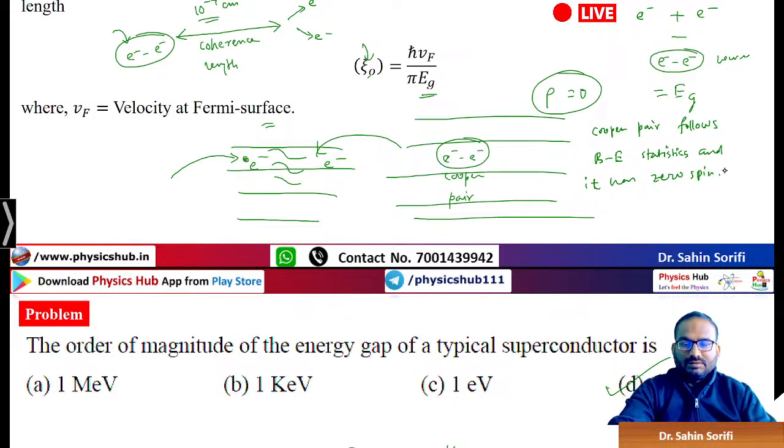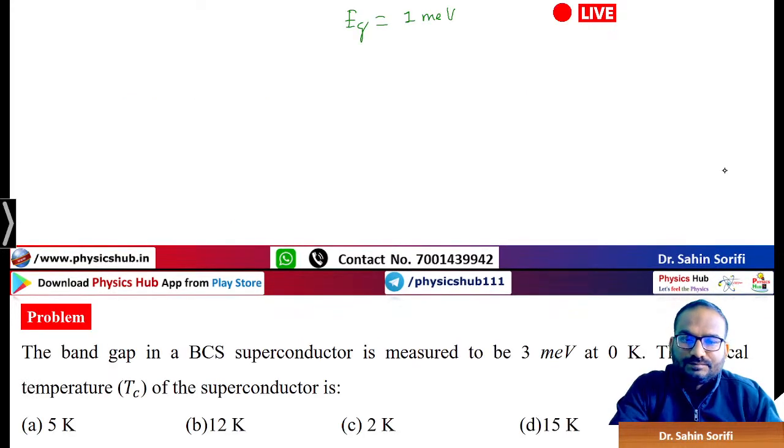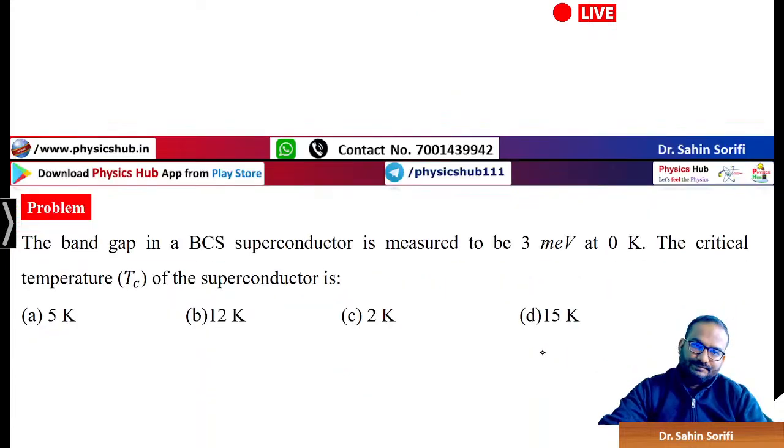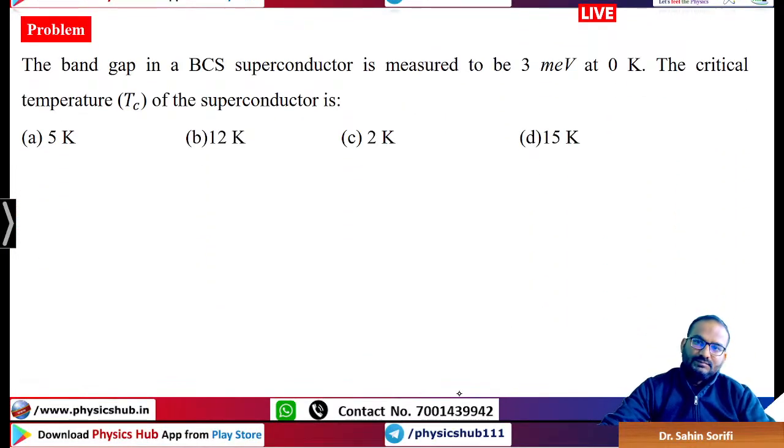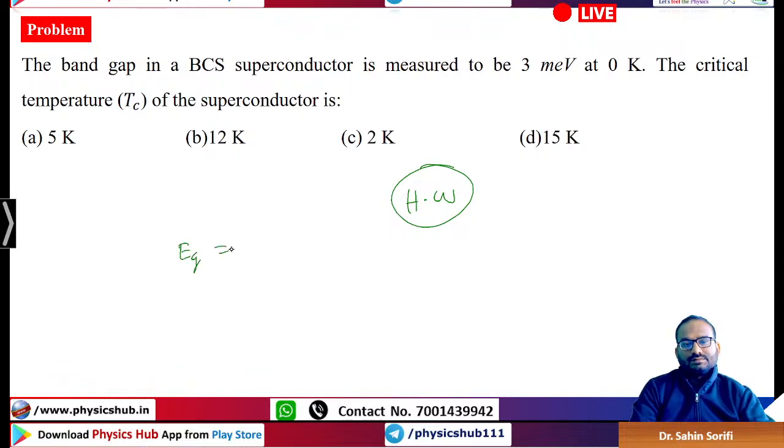It is already known. You can do it at home, right? You can use this formula. Eg is equal to 3.5 by 2. Okay? Eg is given to you. The option may not match, but whatever you get.